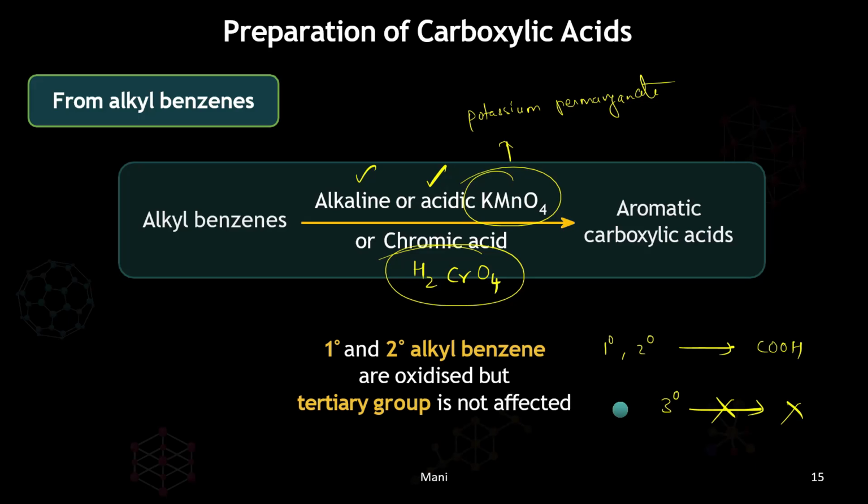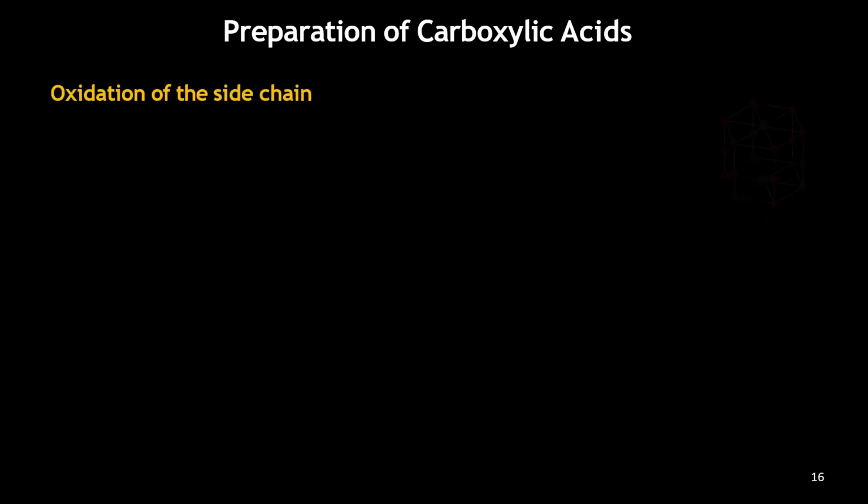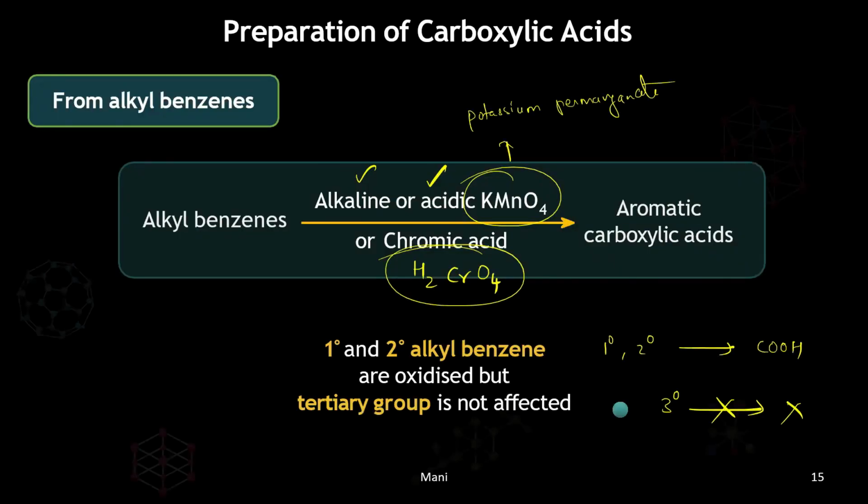Yes, sir. Can you show the previous slide? Just know this potassium permanganate can be in acidic or alkaline conditions. They can be converted into these aromatic carboxylic acids. Primary and secondary alkyl groups will be oxidized to the carboxylic acid, but the tertiary alkyl group, if you use it, will not react.